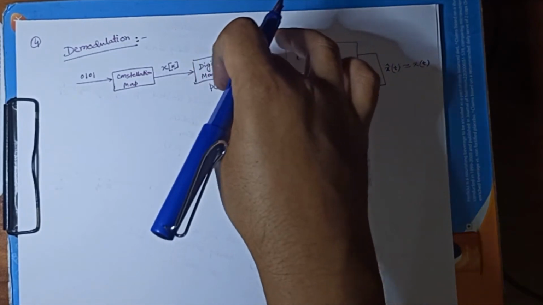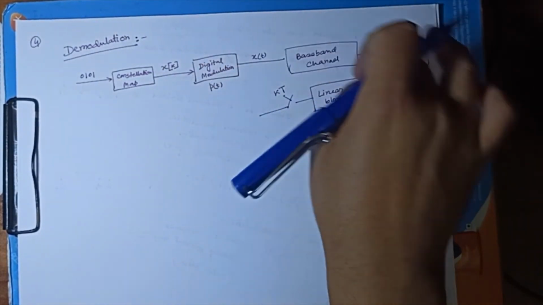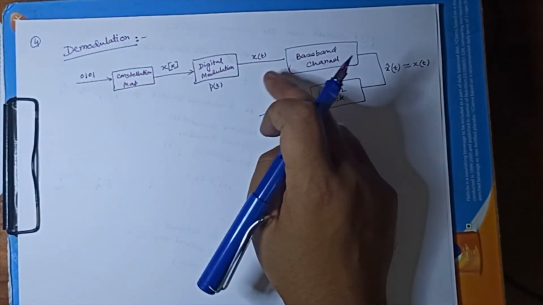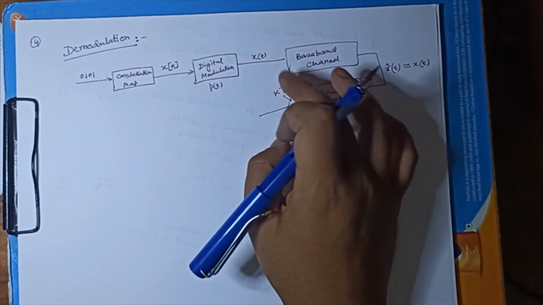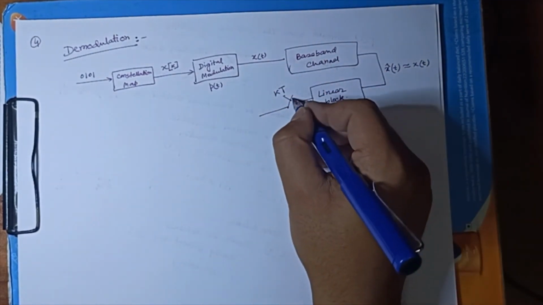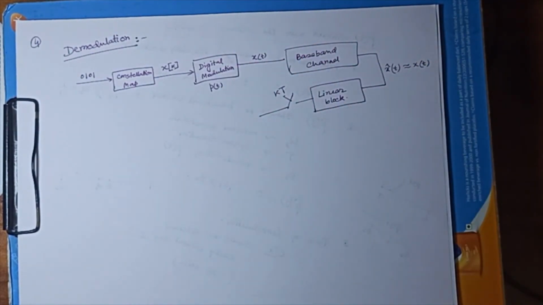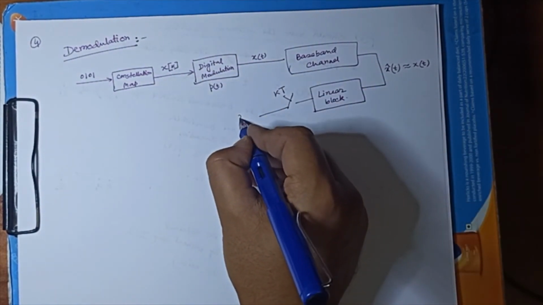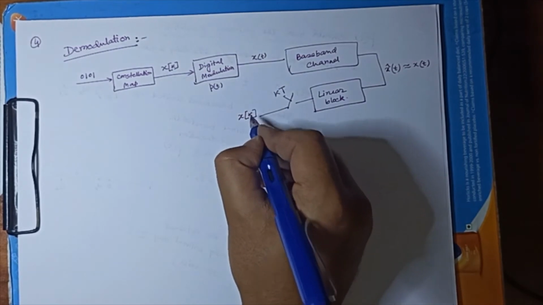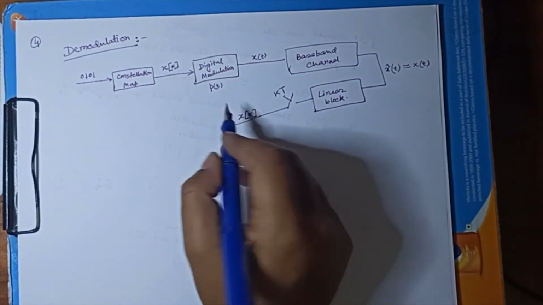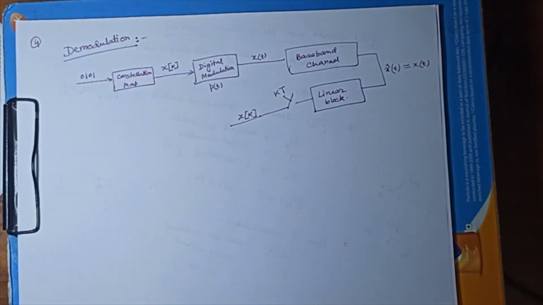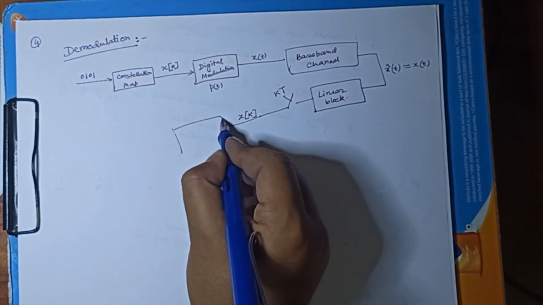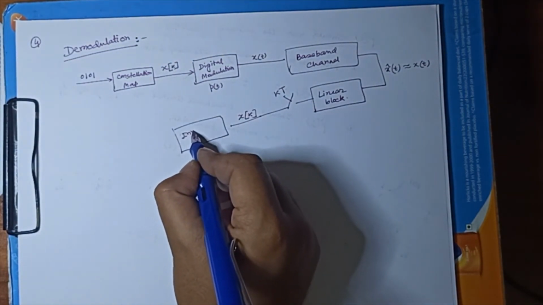Yeah, I understand that from here to here there will be some delay, and that corresponding information is provided there. So we can compensate that. The entire thing will be delayed a little bit. That's fine. So that will give me this back. So x_k will be coming here. And then by the inverse map, we can get back the bit stream.